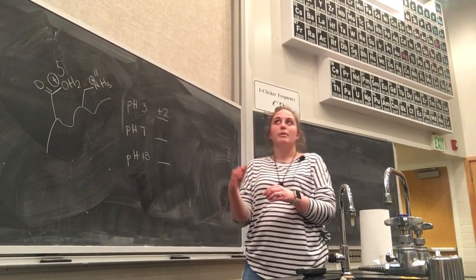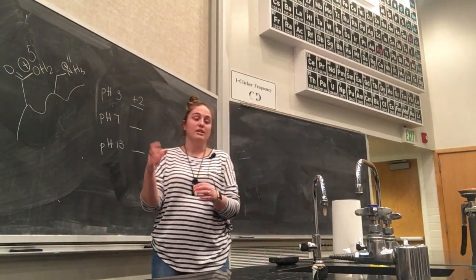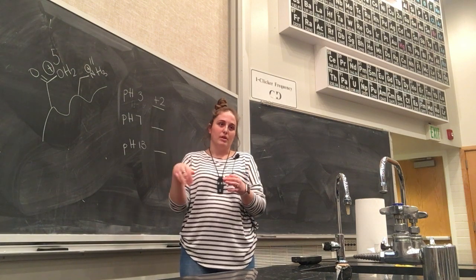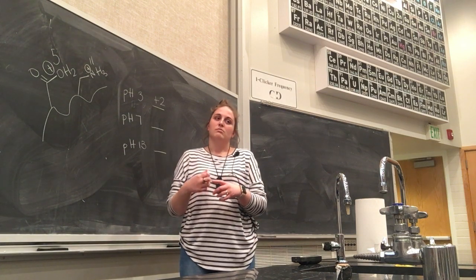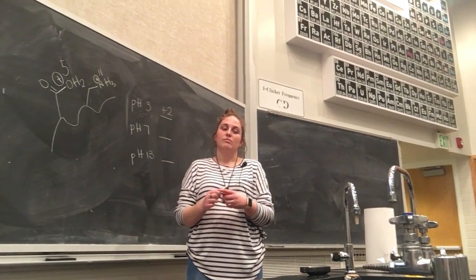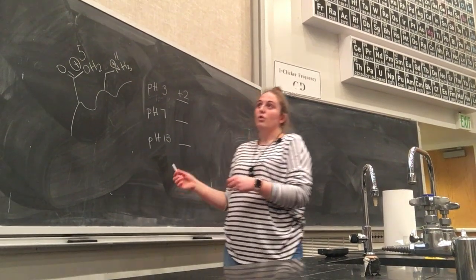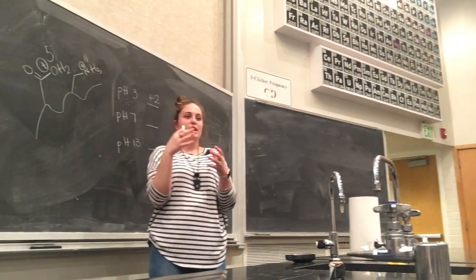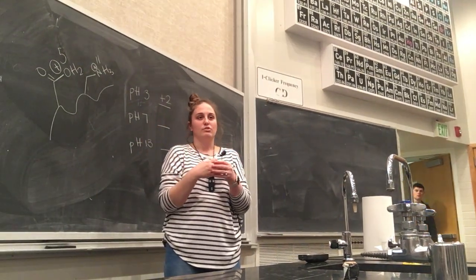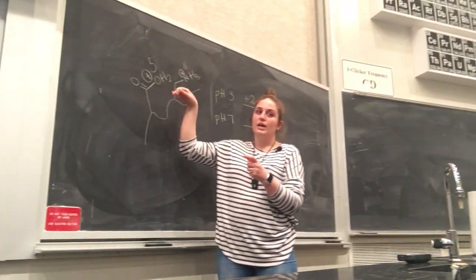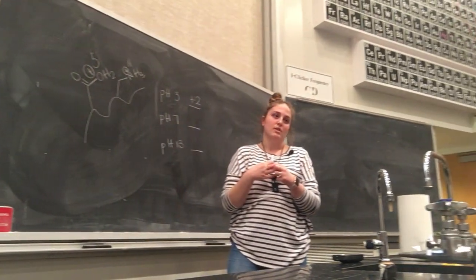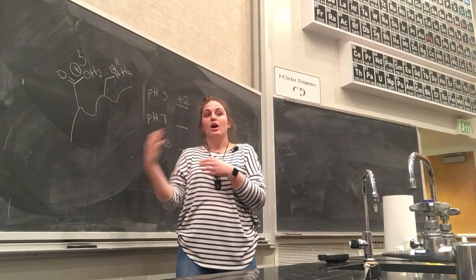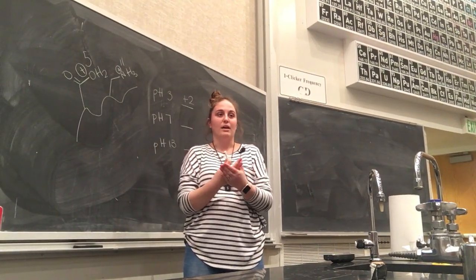What the Henderson-Hasselbalch equation is telling you is that you have more protonated, not so much neutral molecules, but protonated molecules compared to the unprotonated ones. The only time the OH is considered is when the pH and the pKa are equal to each other. So this would be just OH at a pH of 5, because you have an equal portion of unprotonated form and protonated form at that pH.